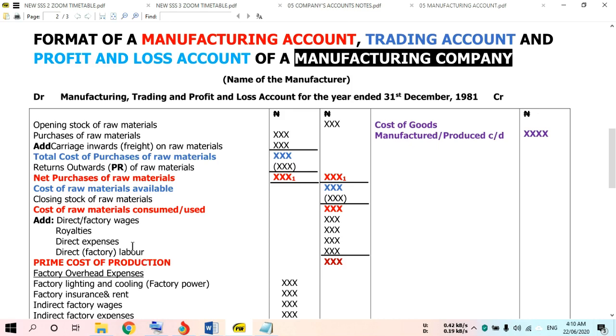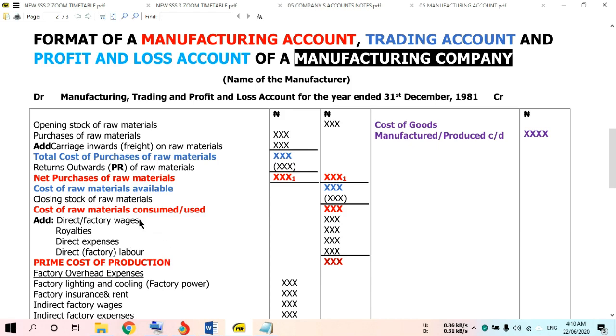But note once again, one or more of these four items under this heading, direct wages, royalties, direct expenses, direct labor, must be given in a question in order to get you the prime cost of production.